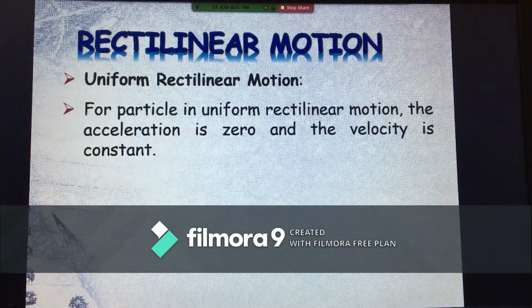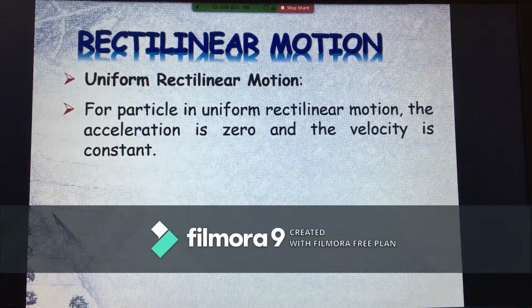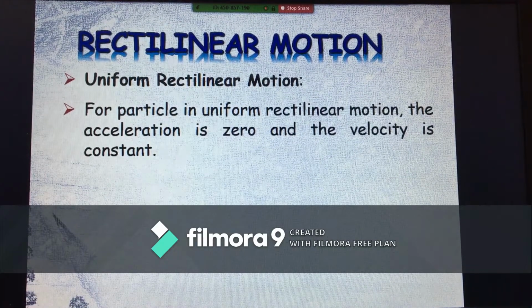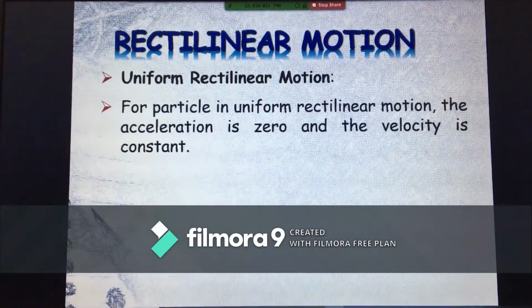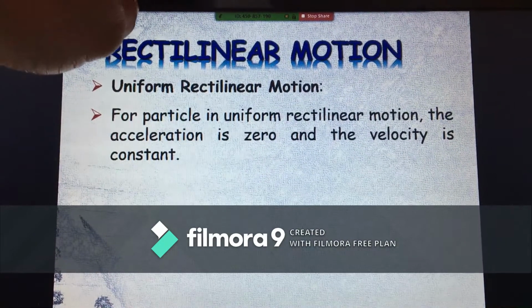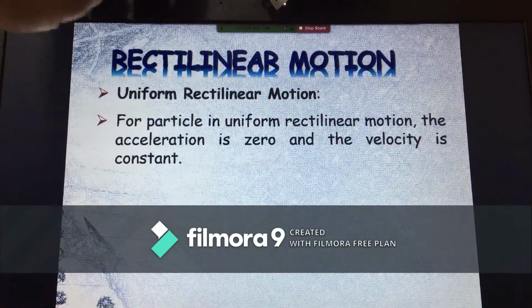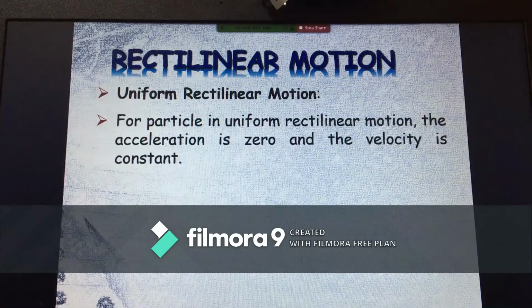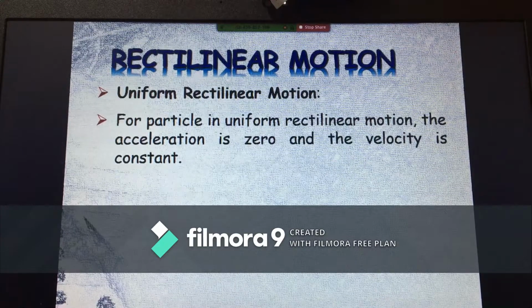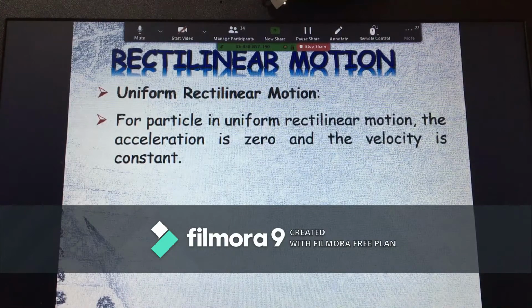So for particle in uniform rectilinear motion, the acceleration is 0. So remember that concept, class. So for a particle in uniform rectilinear motion, the acceleration is 0 and the velocity is constant. So if the velocity, class, is constant, ibig sabihin walang pagbabago sa velocity, then the acceleration is equal to 0.